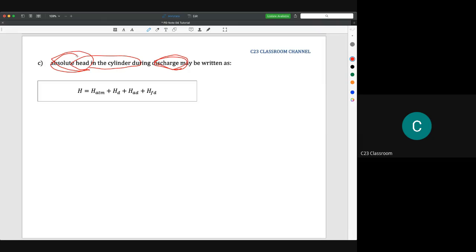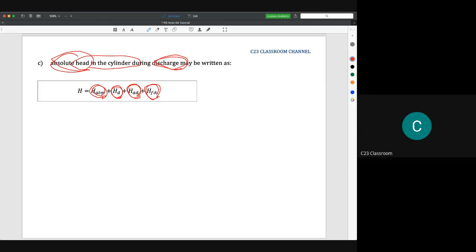So the equation will become atmospheric head plus delivery head plus acceleration head and also plus the friction at the delivery pipe. Because if the energy or pressure cannot overcome all these parameters, it means that our water cannot reach the outlet tank.